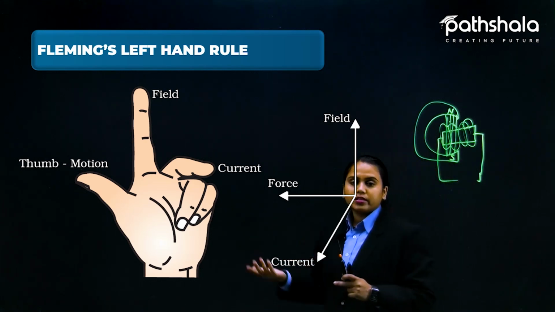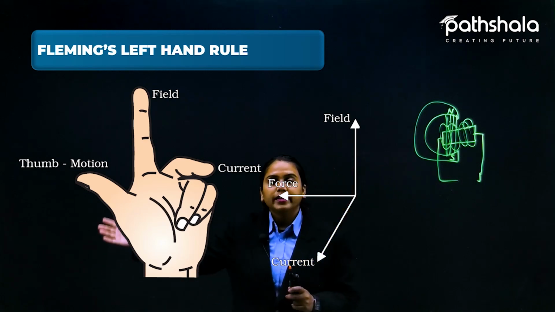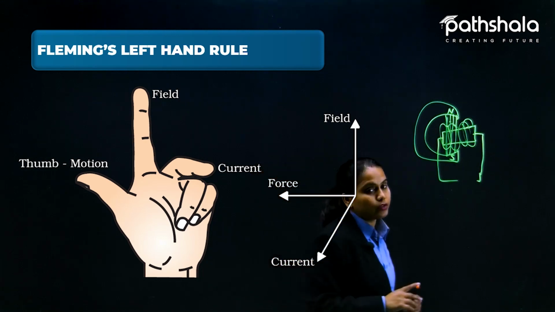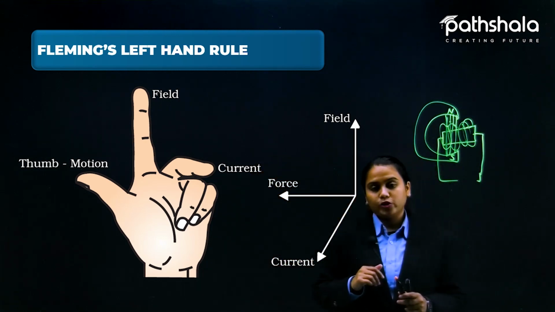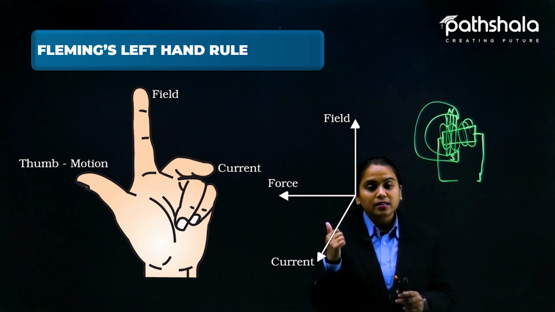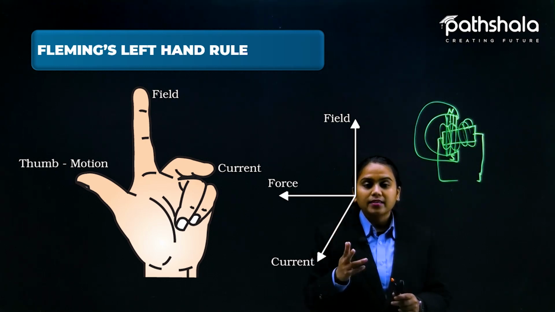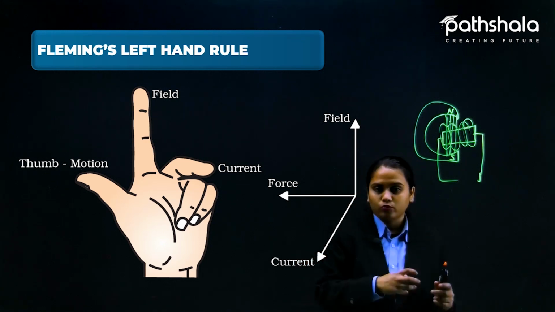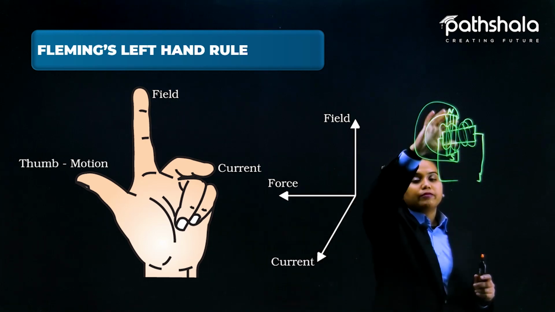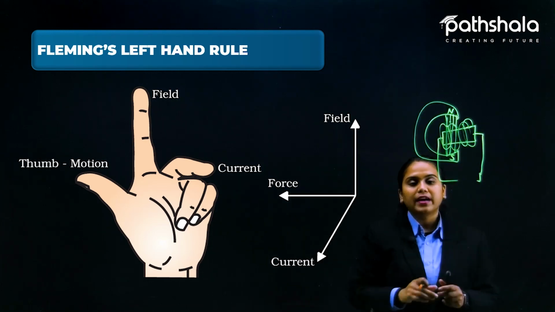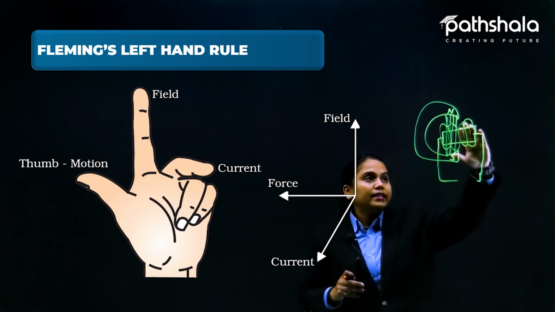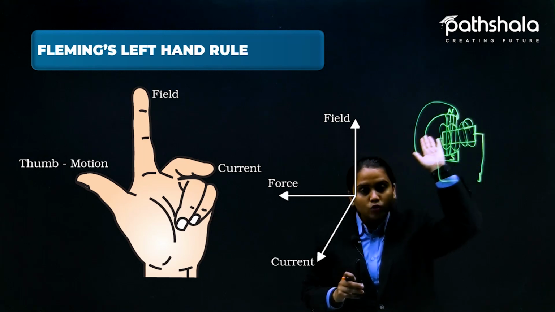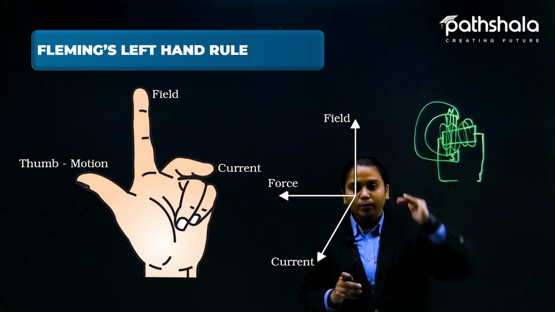Now you can see what we have represented. The thumb represents the motion, that is force, because without force you cannot generate motion. We saw that in class 9th. Due to force, motion gets produced. In the example activity we set up, the rod feels a certain force due to its own magnetic field and the external magnetic field.